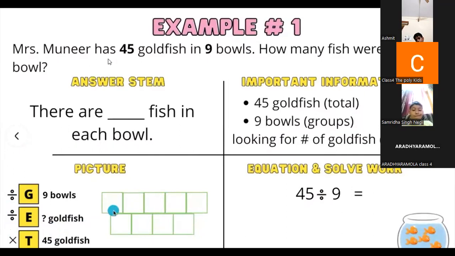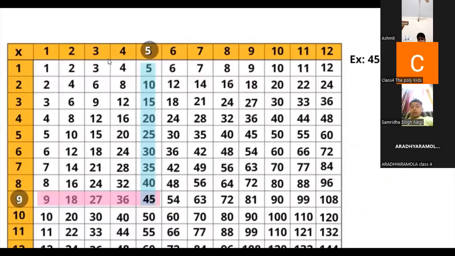To make our picture model, we're going to go ahead and draw 9 squares. We're also going to write our equation. 45 divided by 9 equals. To solve this problem, I will be using a multiplication chart. So we have 45 divided by 9.